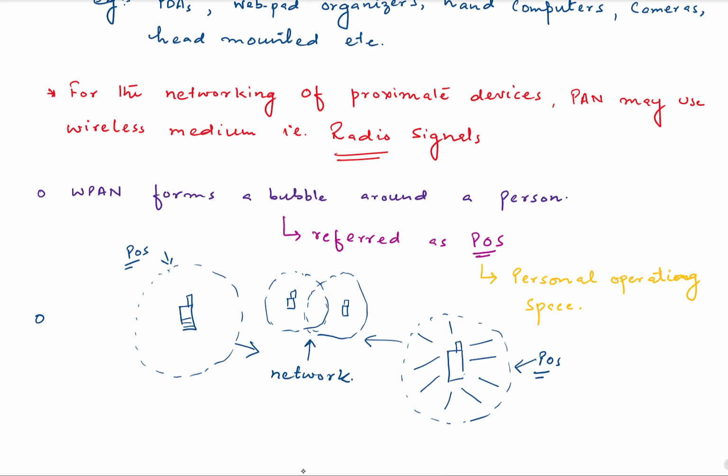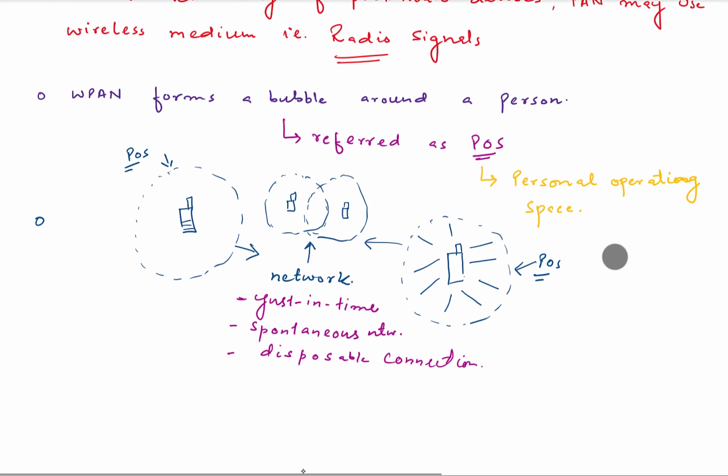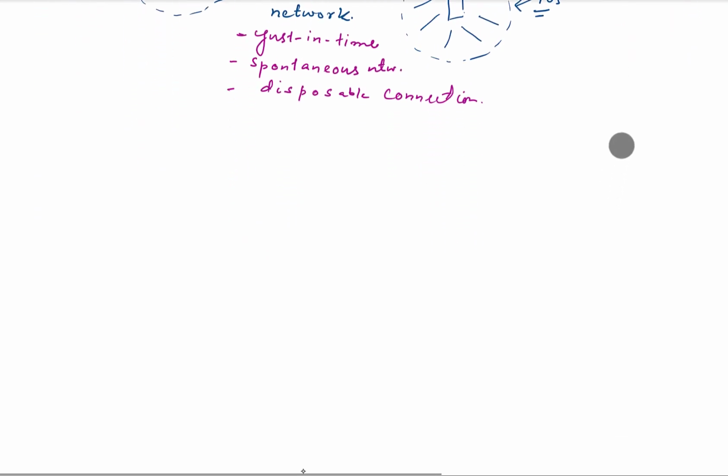This network is called a just in time network or spontaneous network, or it may be called a disposable connection or disposable network.